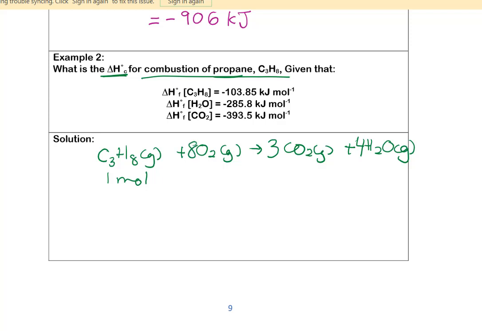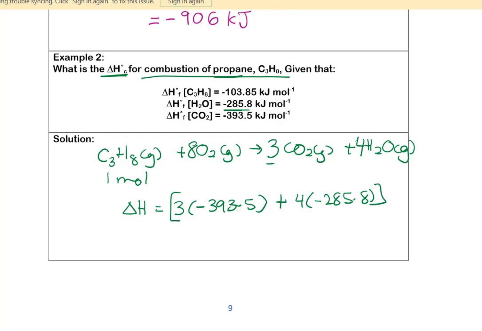Okay, so we can use the formula. Delta H is equal to 3 multiplied by the enthalpy of formation of carbon dioxide, so 3 multiplied by negative 393.5, plus 4 multiplied by the formation of water, negative 285.8, and then minus, so we have two reactants here.